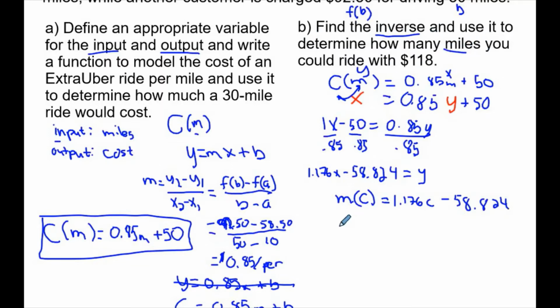So the miles I could ride with the cost of $118 would be 1.176 times $118, and then minus 58.824. And then I just type that in my calculator.